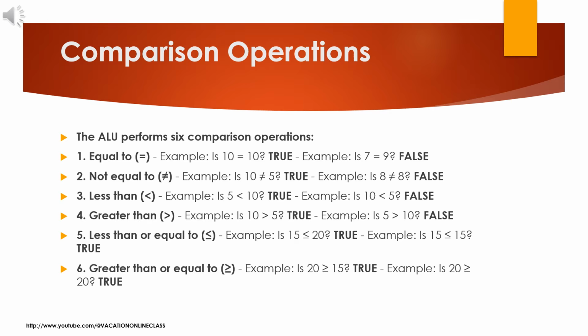These are vital for setting limits, such as checking if a user has reached the maximum number of login attempts. By using these 6 comparisons, the ALU provides the logic needed for the computer to react differently depending on the data it receives.